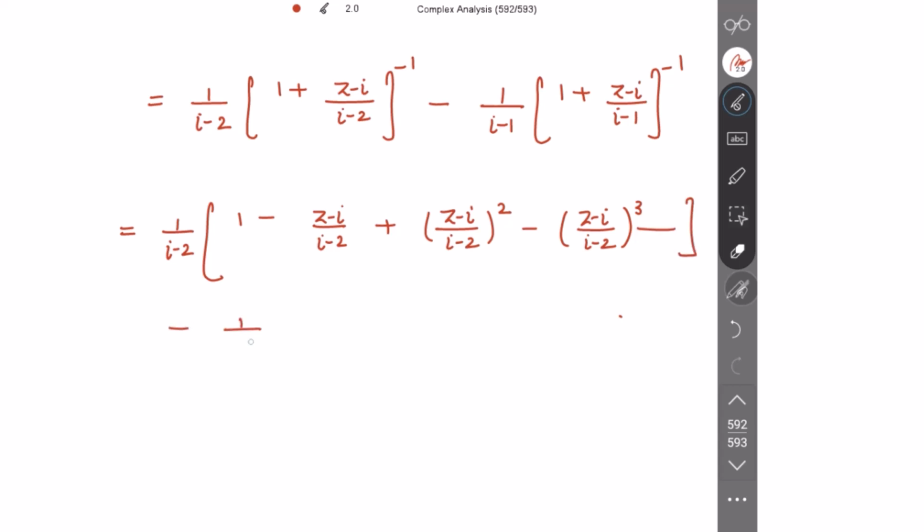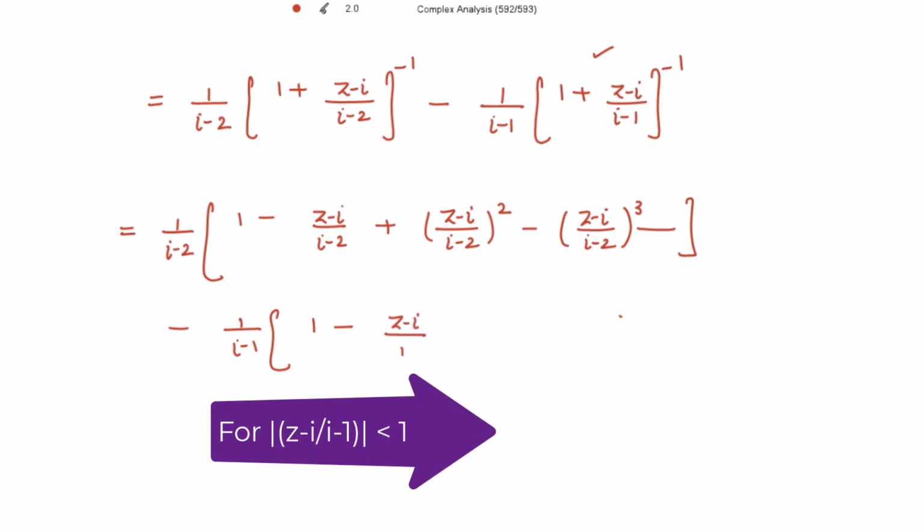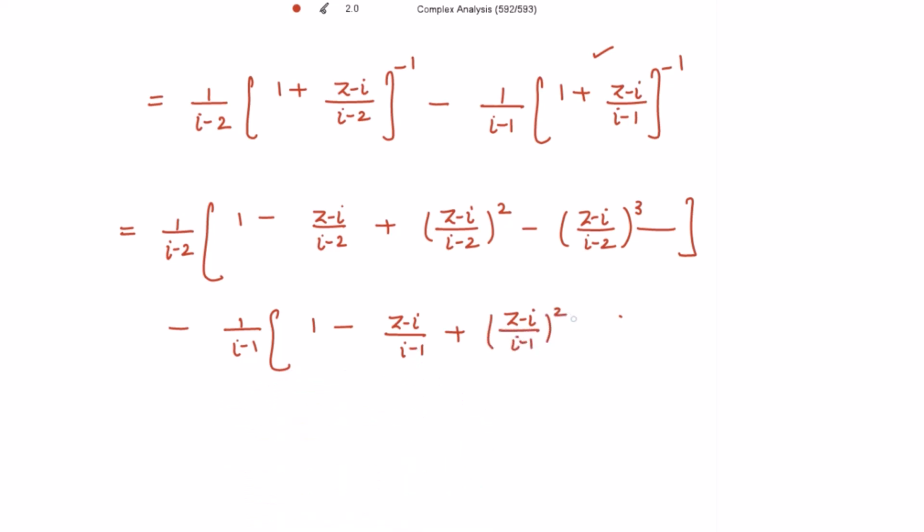Similarly the second one, 1 divided by iota minus 1 into expanding this, so we have 1 minus this ratio and then plus the square of this ratio, and then minus the cube of this ratio, and so on.